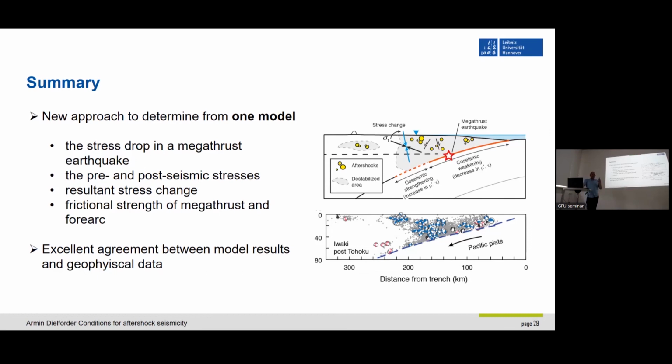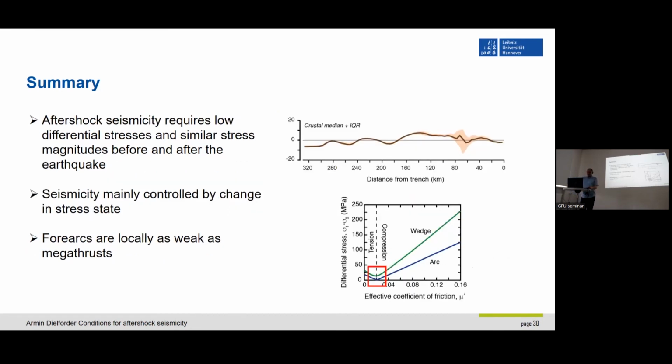I think the particular aspect of all this is that we do it all with one relatively simple model. Normally, you would have for each step different models that are based on different mechanical principles and assumptions, and that all generate conflicts between each other. Instead, we find that there's a really good agreement between our model results and the geophysical data.